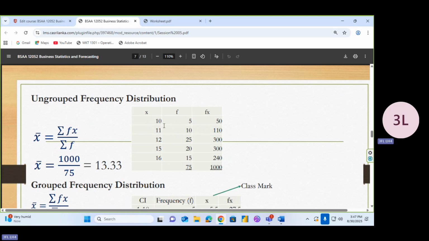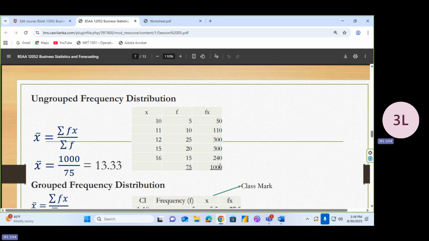It means you need to multiply the x column with the f column, the observation value with the frequency column. Then you can find the sum of the observation values. Here the sum is 1000.